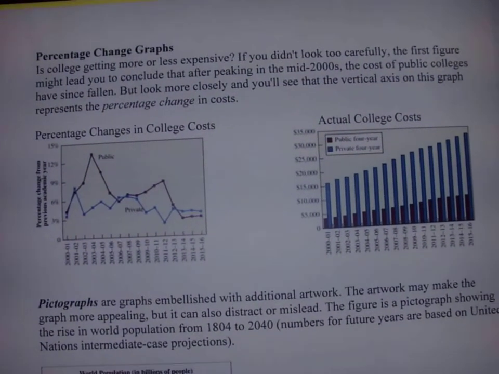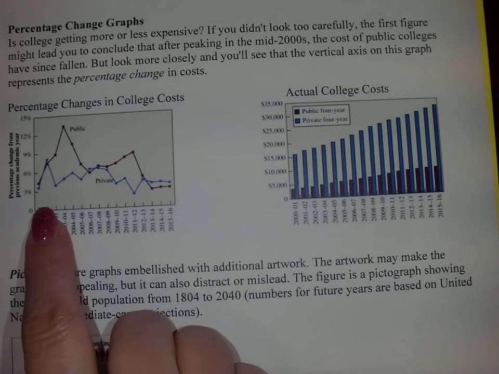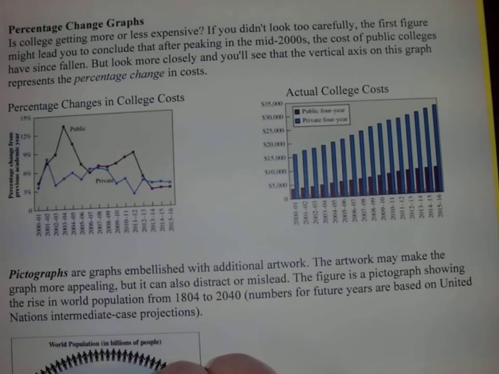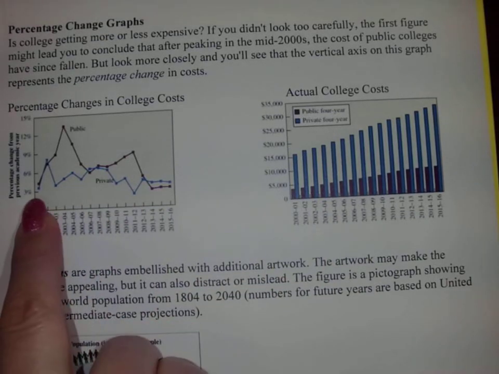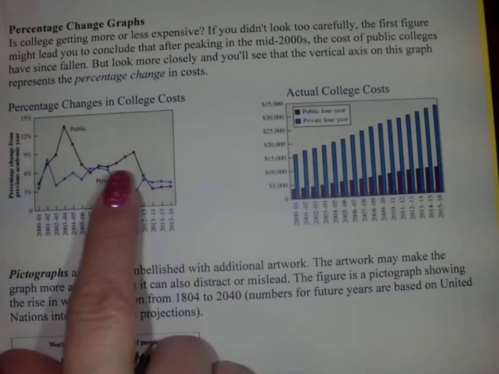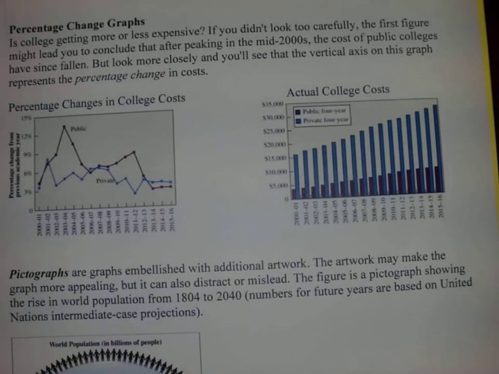The next graph is about the percentage change in college. We've got the same information again, and we're looking to see if college is getting more or less expensive. The public 4-year is in maroon, and the private 4-year is in the blue.